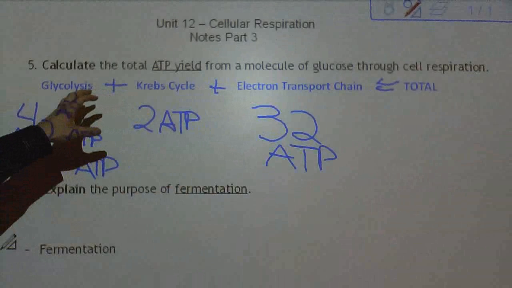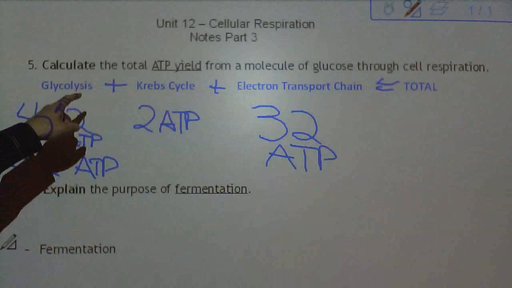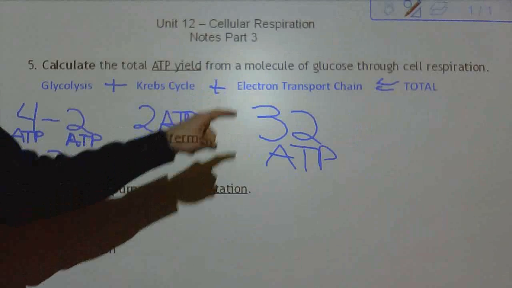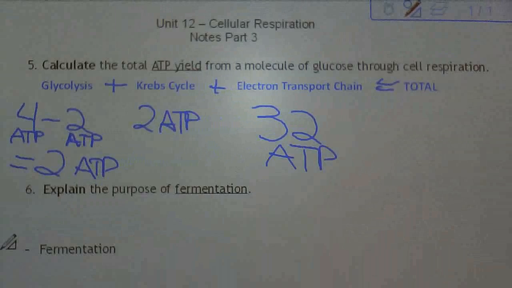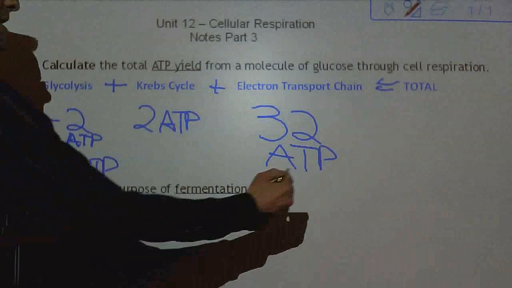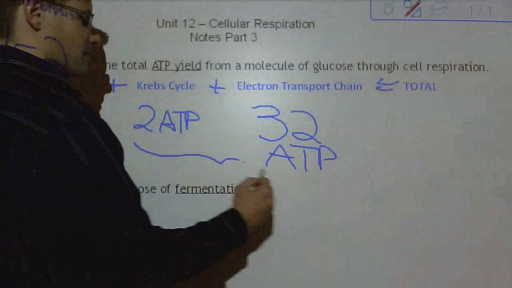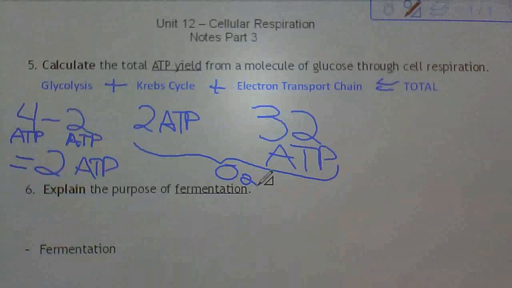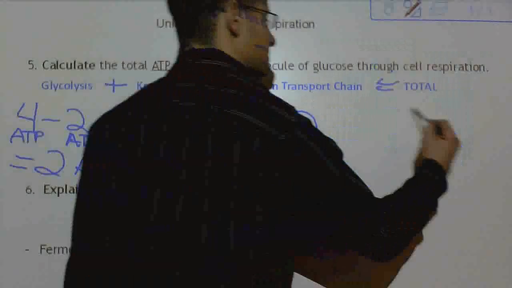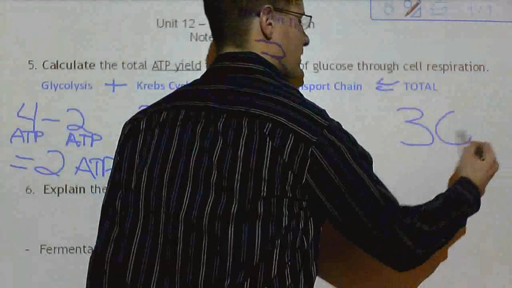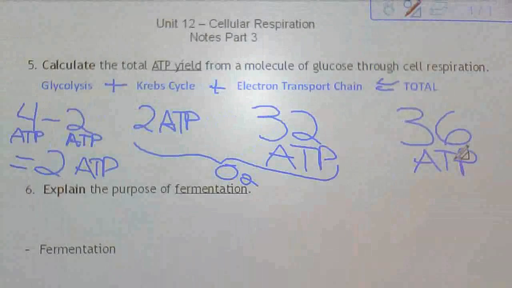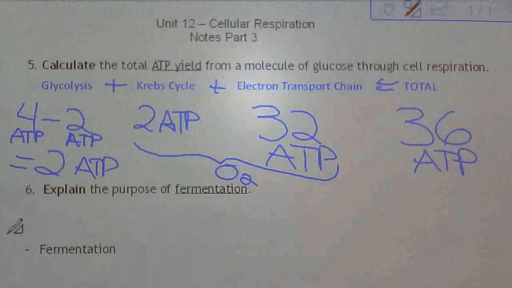Glycolysis can take place with or without oxygen, but Krebs cycle and ETC are the respiration parts that make it respiration. We're talking about these taking place only if oxygen is present. So, obviously, our total for cellular respiration is 36 ATP.